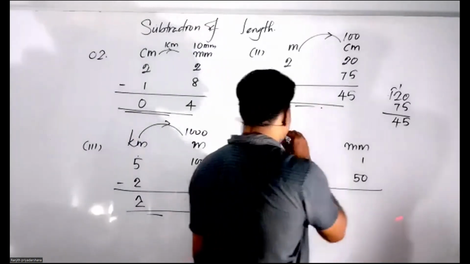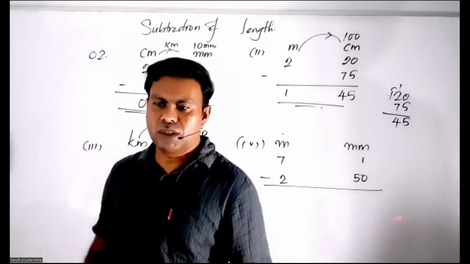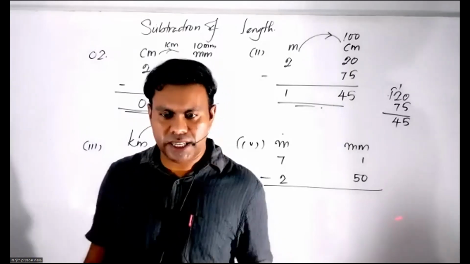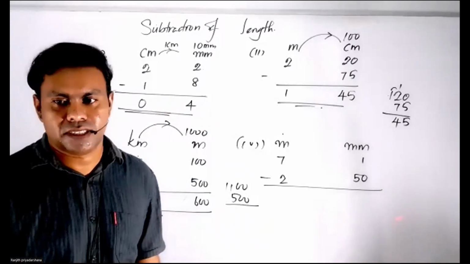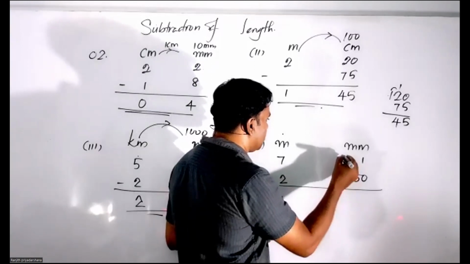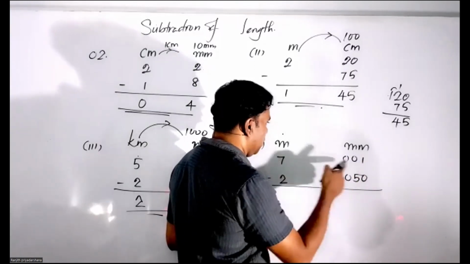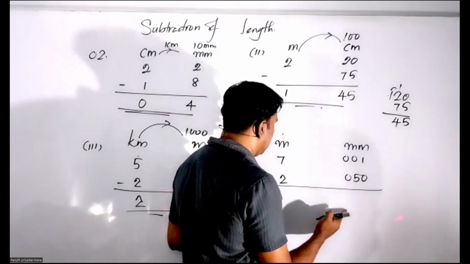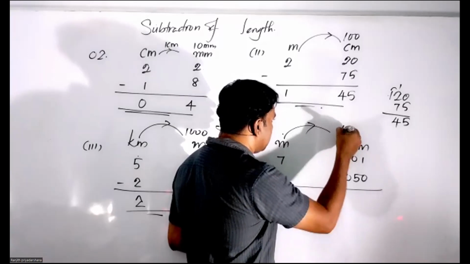Here, meter and millimeter. Because 1 meter equals 1000 millimeters, right? So 1 subtraction 50, that's impossible. You take that meter, then when it comes to this side, that becomes 1000.